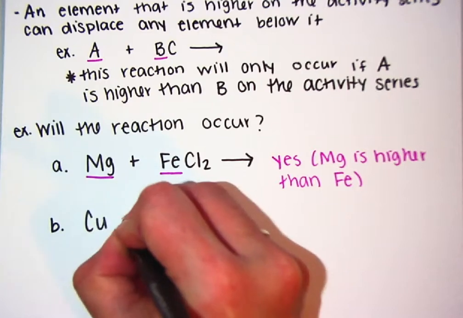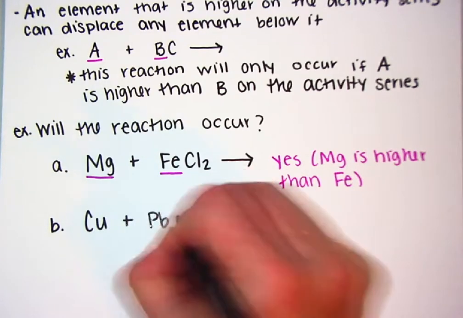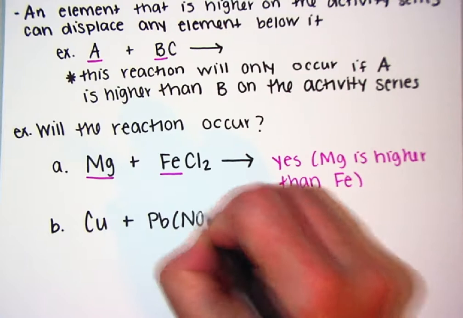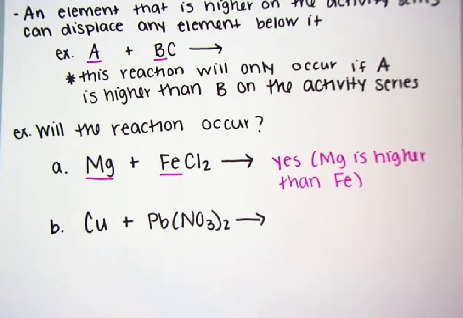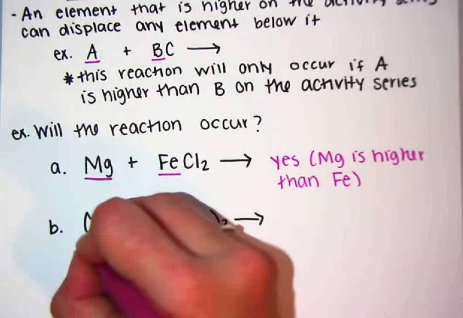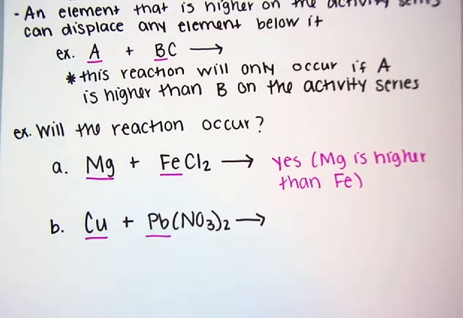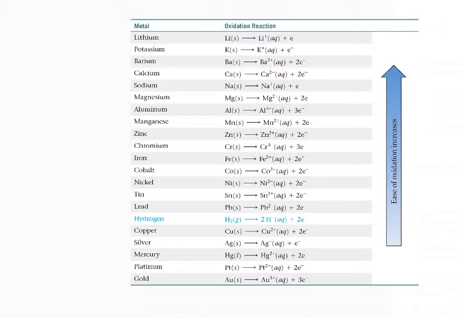Let's try copper plus lead(II) nitrate. So we're going to compare copper to lead. We want to compare the two metals. Copper can only displace lead if it is higher than it. So I have lead right here.